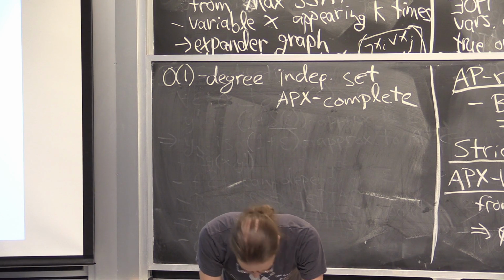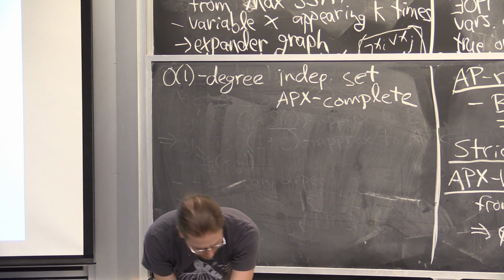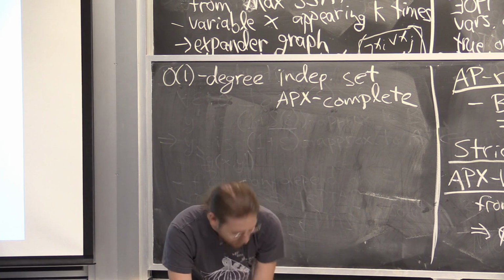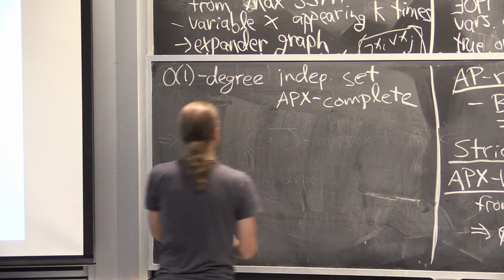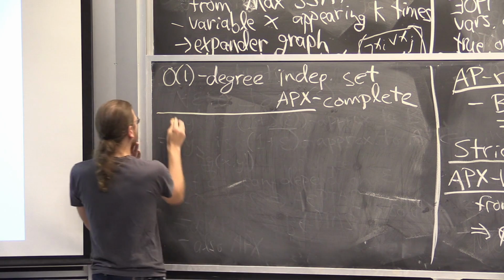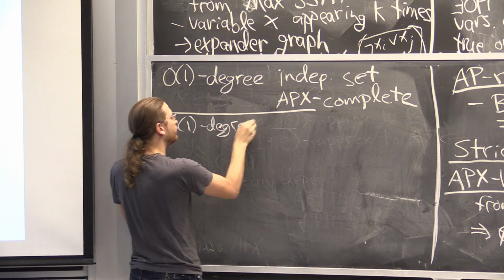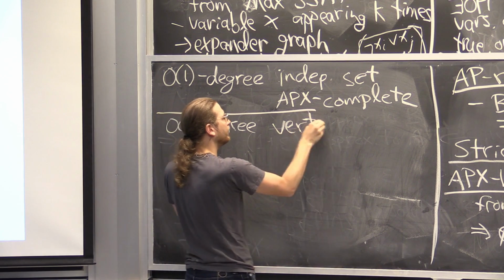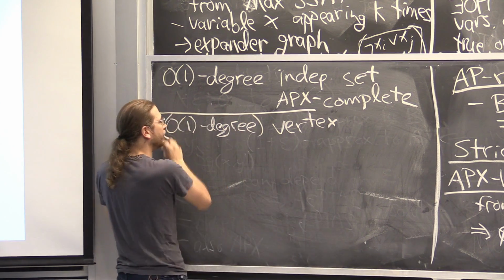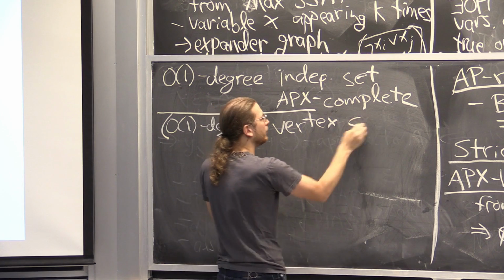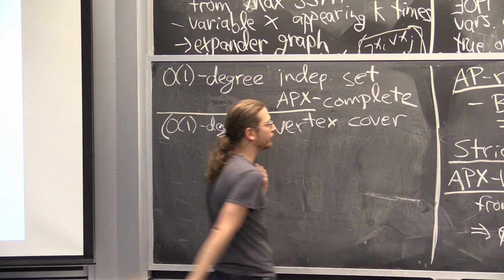So, great. Next problem is vertex cover. This is a funny one. So let's do constant degree vertex cover. In general, there's a 2-approximation for vertex cover, so we don't need the constant degree to be in APX, but this is also APX-complete.